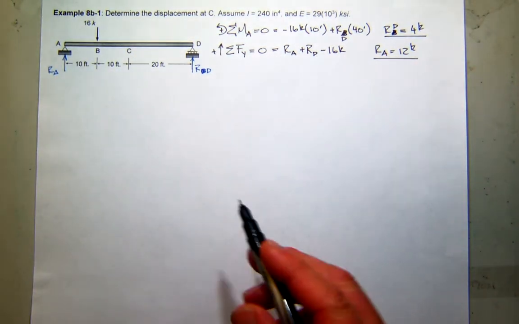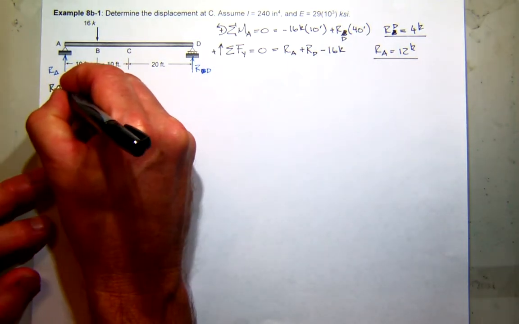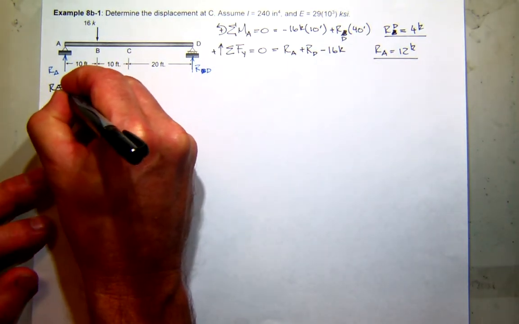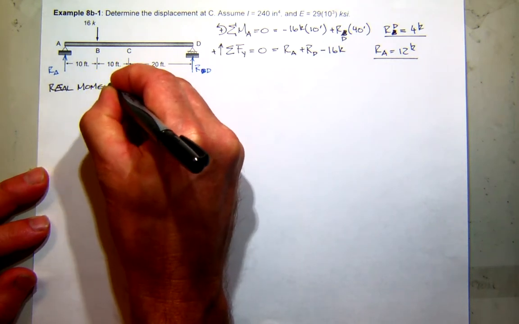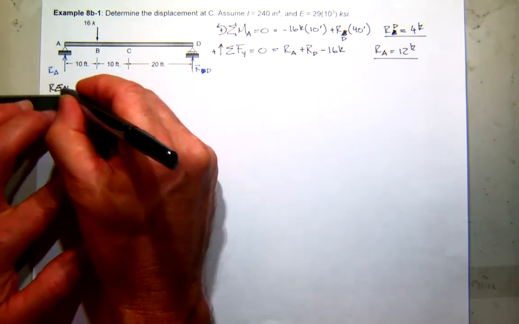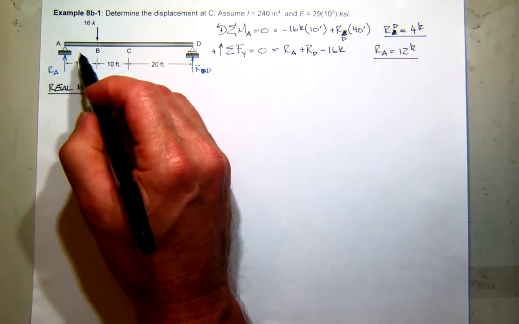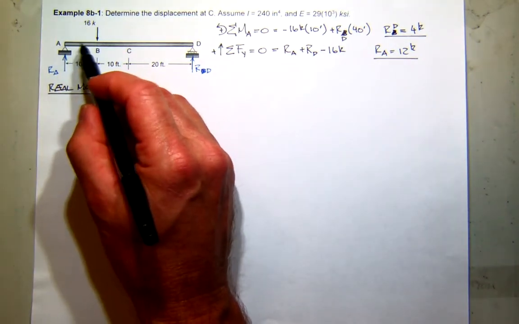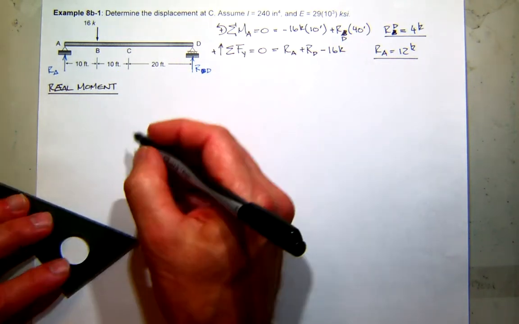All right, so now I've got to find my moment. To find the real moment, I'm going to have to break this thing up into 2 pieces. So I'm going to cut it here, somewhere between A and B. Do you want to work the left side or the right side? I think the left side is a good choice.